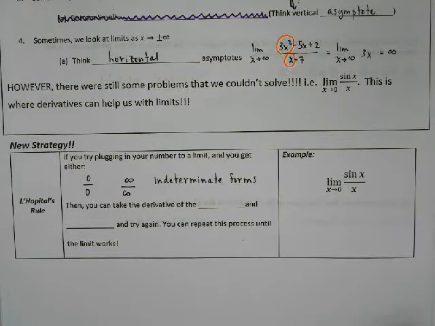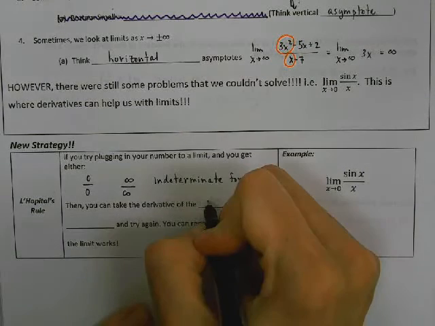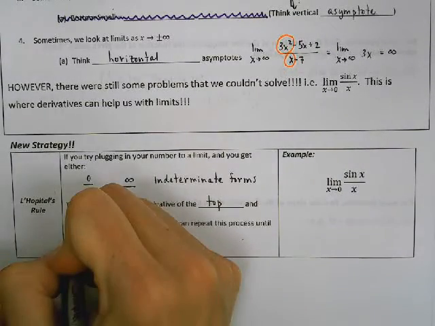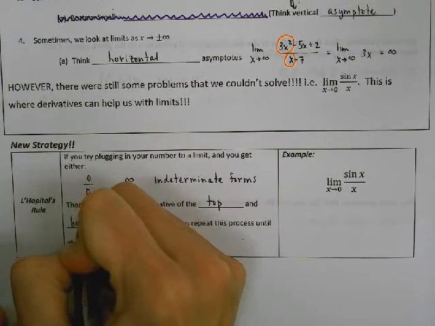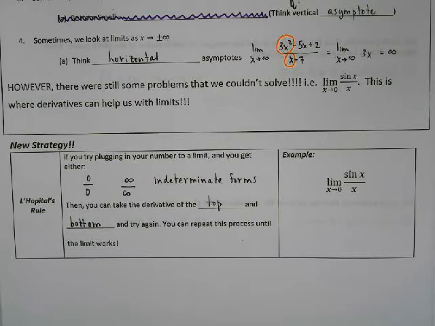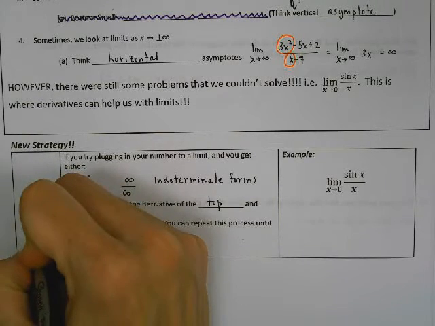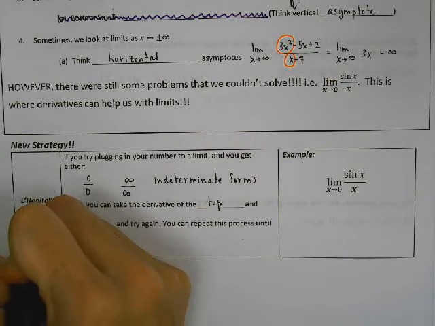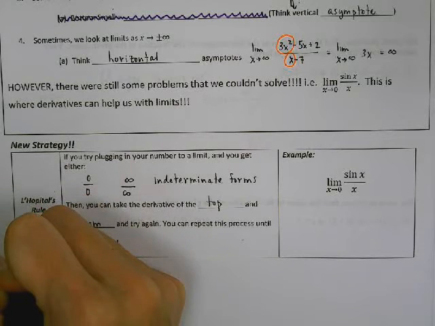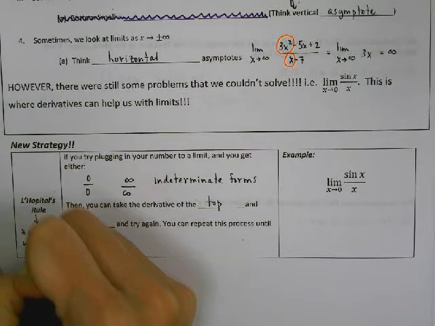What that rule says is we can take the derivative of the top and we can take the derivative of the bottom, and then we can try evaluating that limit again. And we can do this process over and over again until it works. The key idea here, and I'm going to make this note here, is we can only use this if we have an indeterminate form.